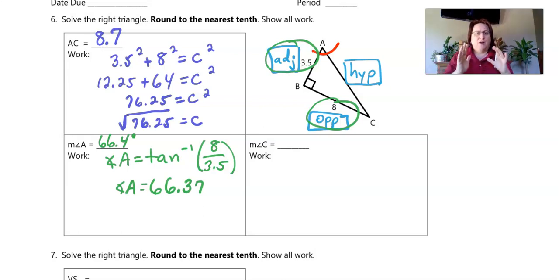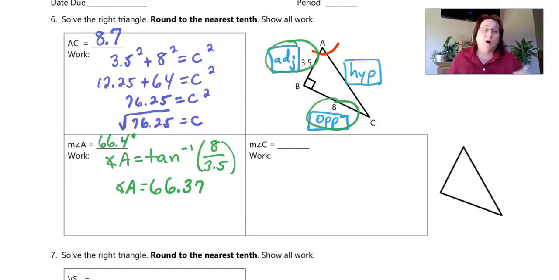Okay, all right, now we need to go do angle C. So, guys, take 2 seconds, redraw the triangle, relabel it real quickly so that you can accurately figure out which trig function to use, because we're going to be looking for angle C. If you're looking for an angle, you're going to be using the inverse trig function.